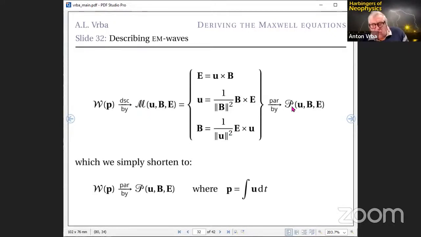If I now use the equation, the wave parameterized by p, I imply this statement here, and that the vector p is the integral of u dt. This here represents a short form of this here.